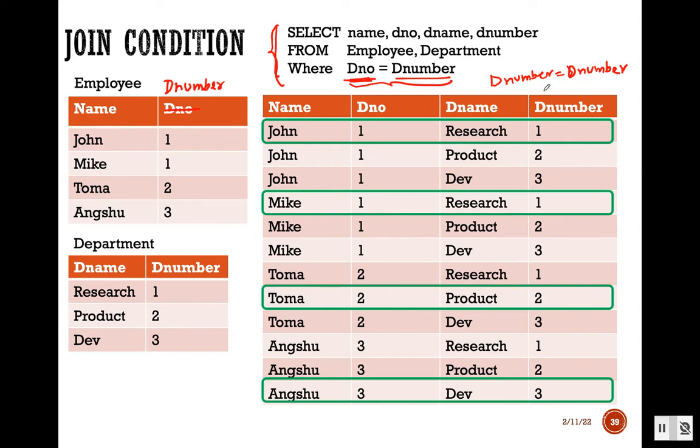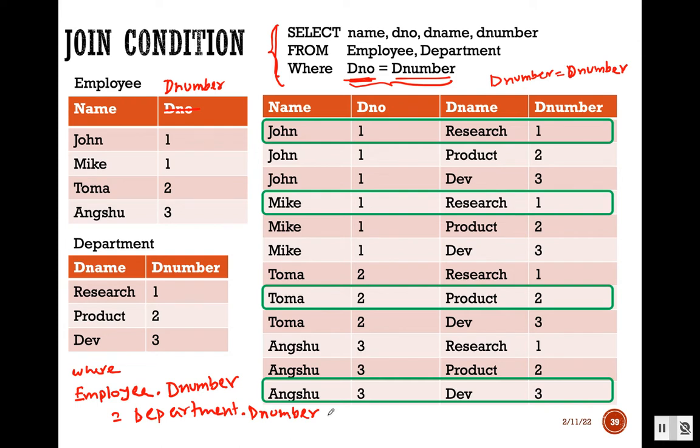One way to do that is to write the condition like this: where employee.dnumber equals department.dnumber. So this is going to solve the whole problem.